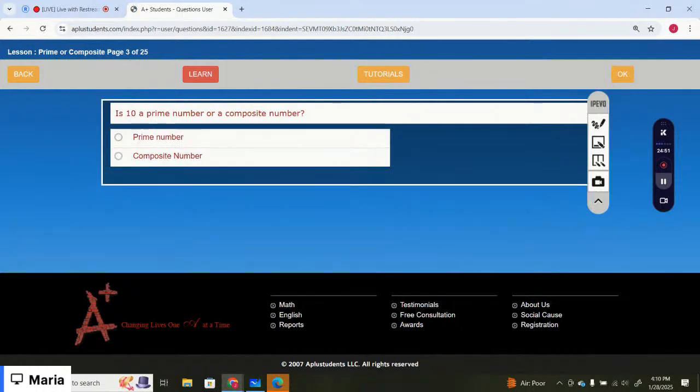Is 10 a prime number or a composite number? So, which is the correct option? 10 is also a composite number. Very good. The correct option is composite.